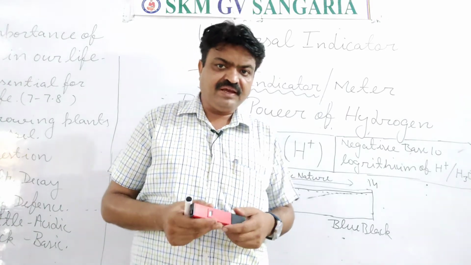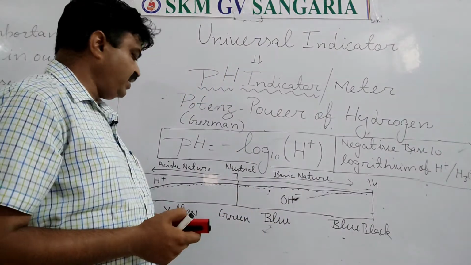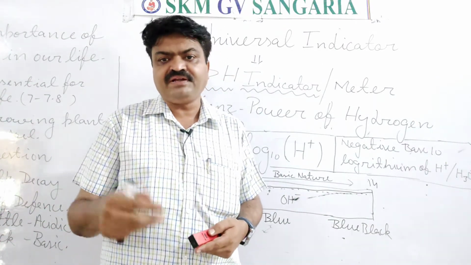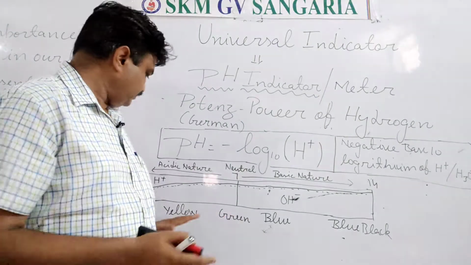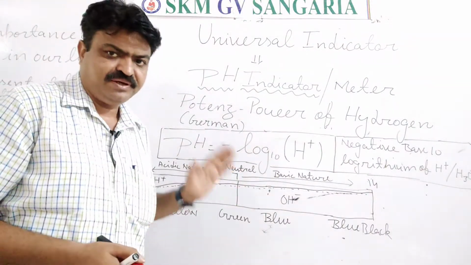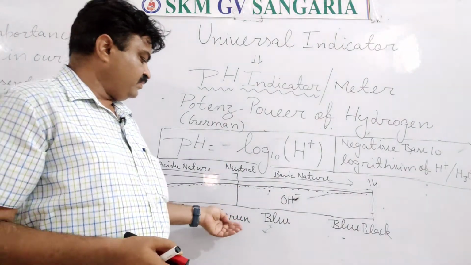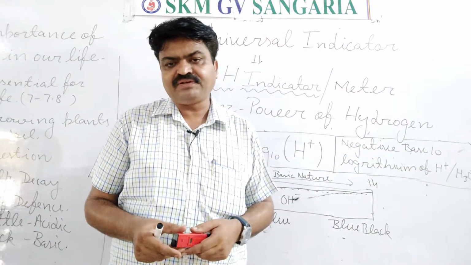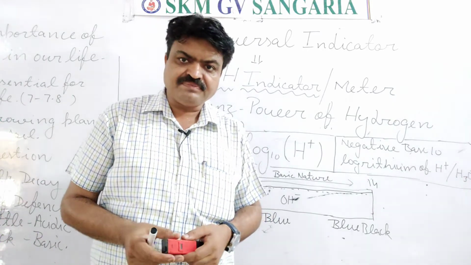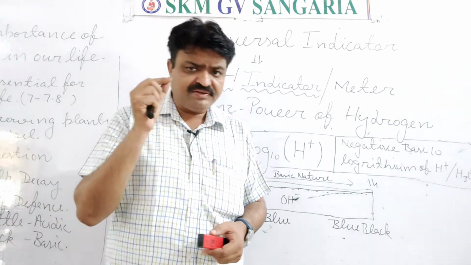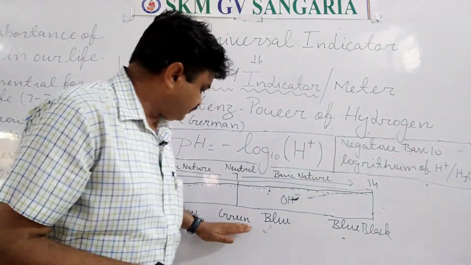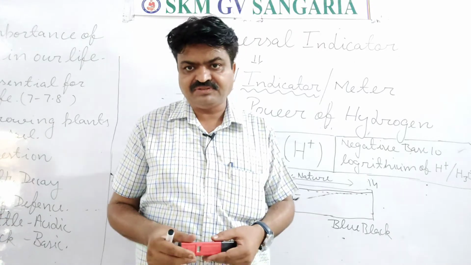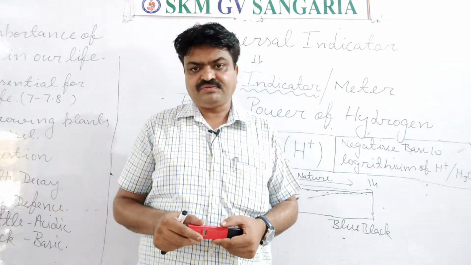If they have red color or yellow color, it means the particular substance is acidic in nature. If the color of that pH paper changes into green, blue or dark blue, it means that particular substance is basic in nature. If it is light green, student, it means that particular chemical substance is neutral in nature.